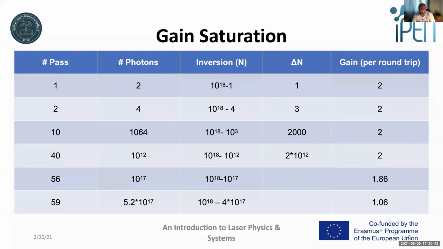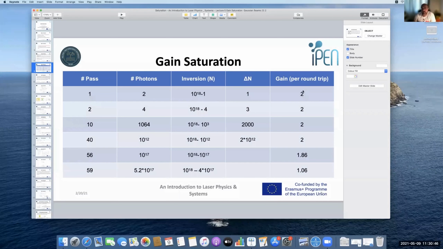All right, and exactly this transition from the high gain to a threshold gain is the effect of saturation. So we increase the number of our laser photons. This comes at an expense of lowering, as you can see on the second parameter here.